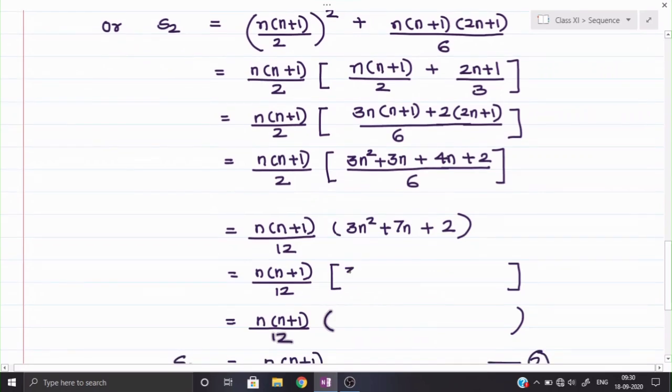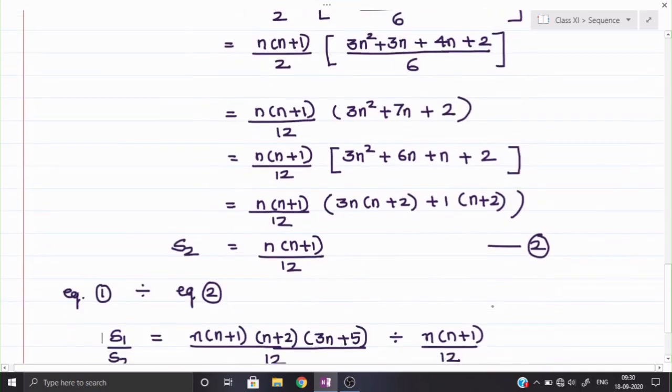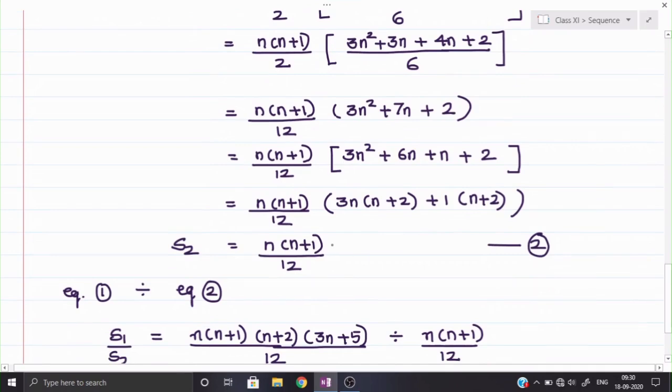So here we can take it now 3n square plus 6n plus n plus 2. Now we can take common. 3n is common, remaining is n plus 2, and here 1 is common, so remaining is n plus 2. Okay. Now further, n plus 2 I have taken common, so remaining is 3n plus 1.